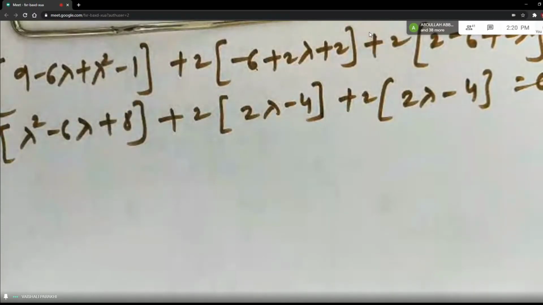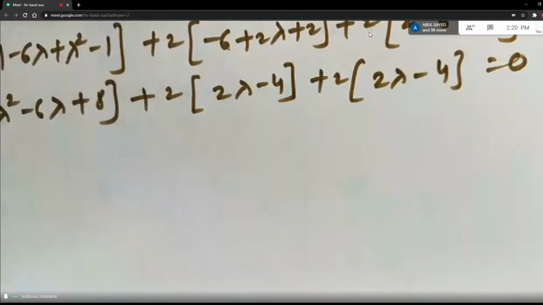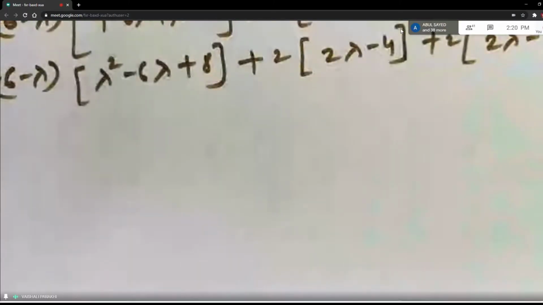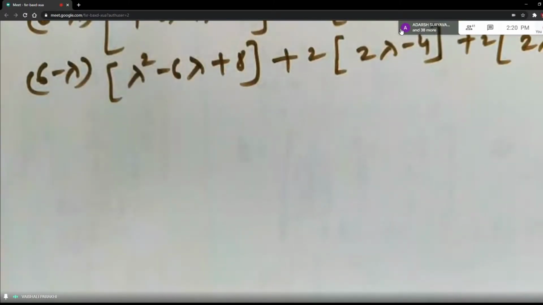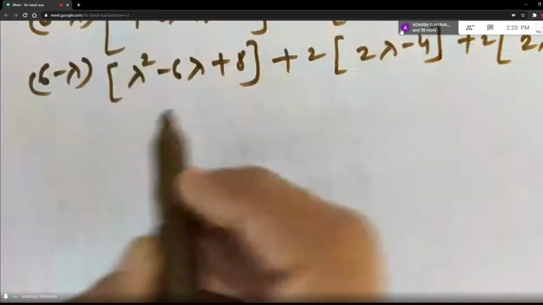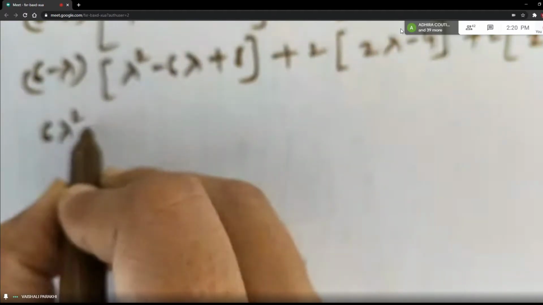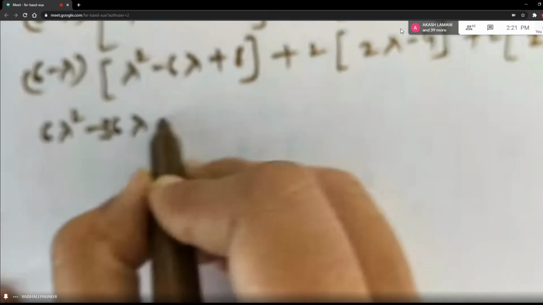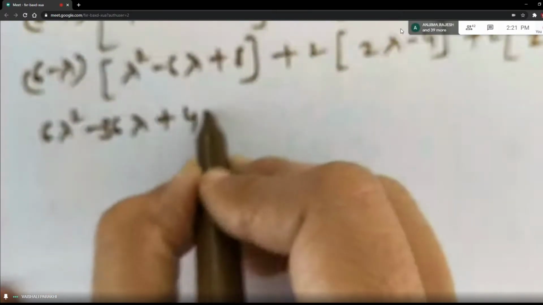Okay? Now again you need to open the brackets further. More multiplication. First I will multiply the whole bracket by 6 and then by minus lambda. So it is 6 lambda square minus 36 lambda plus 48, right?